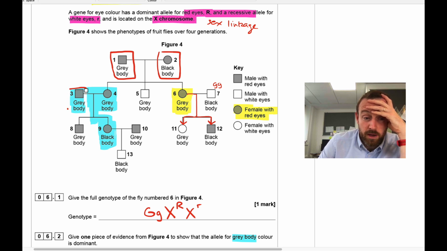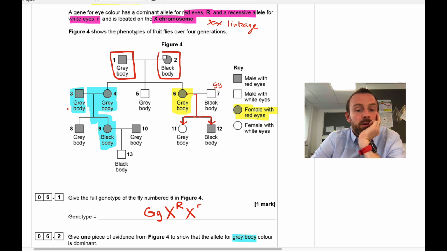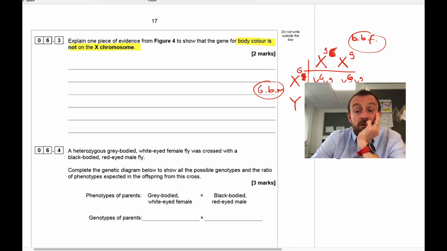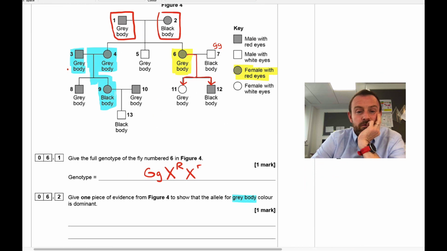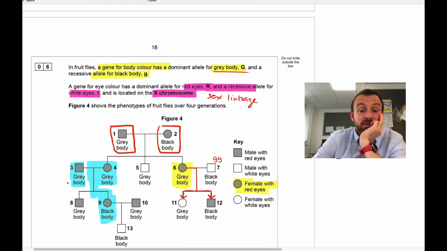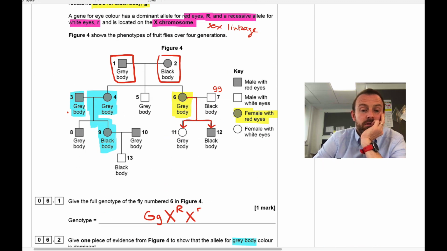So with the grey-bodied male and the black-bodied female, if it was sex-linked, we'd only be able to produce black-bodied males. Is that what we've done? No. Here's the grey-bodied male.